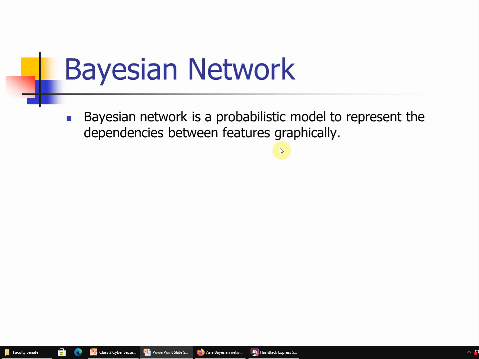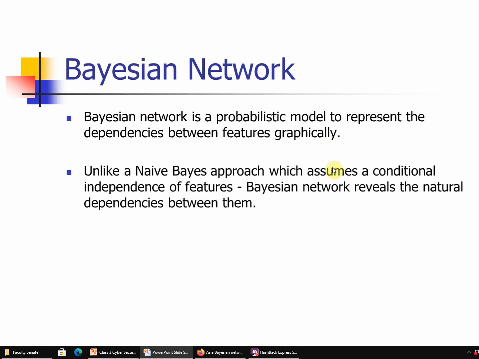A Bayesian network is a probabilistic model to represent the dependency between features using a graphical idea, which looks like a tree structure. Unlike naive Bayes, if you still recall, we treat every single dimension, every single attribute, independently. So when we calculate a naive Bayes probability, we use each attribute to associate with the label.